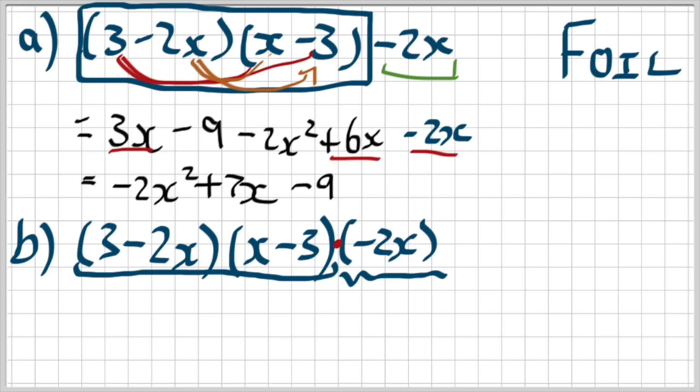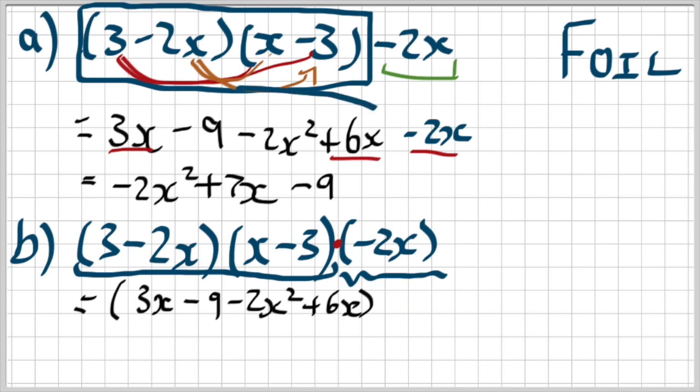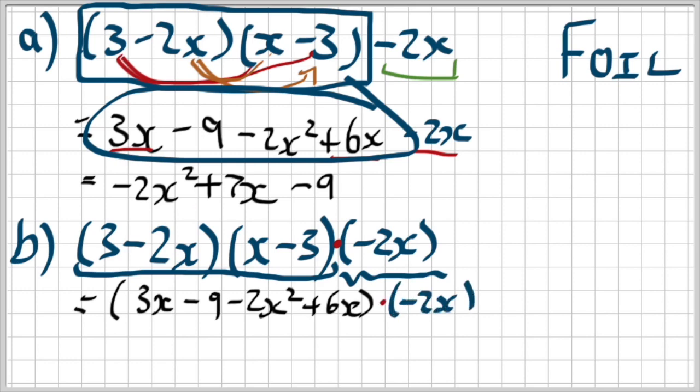But if I'm clever, I will see that already I have multiplied out those first two brackets in A there. You can go and redo it again if you want to, but you're going to get to exactly the same answer. But then I've got to multiply that by the negative 2x.